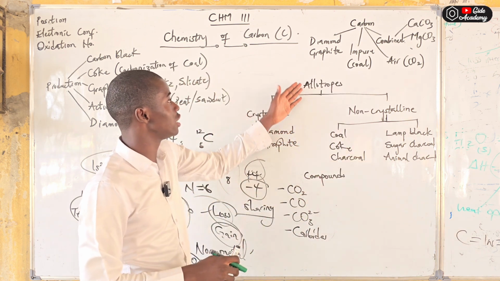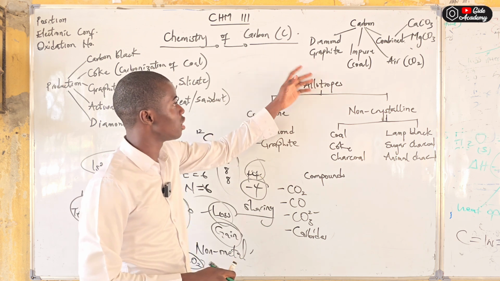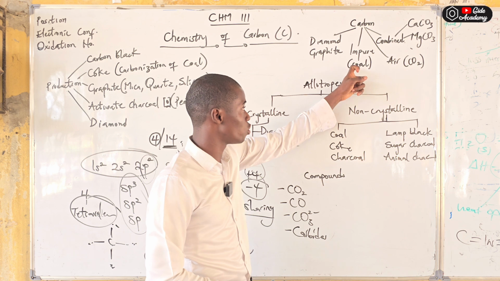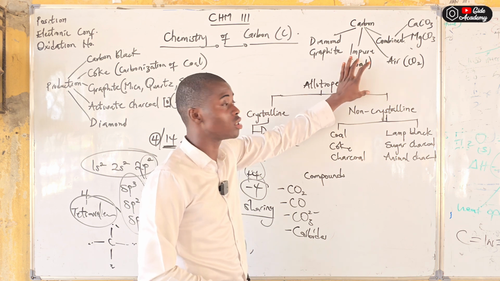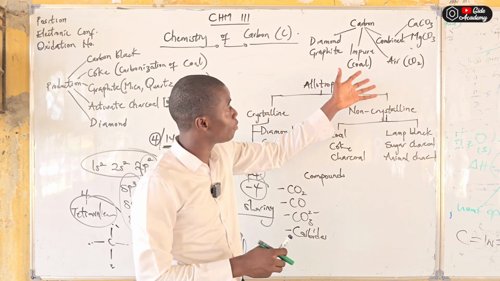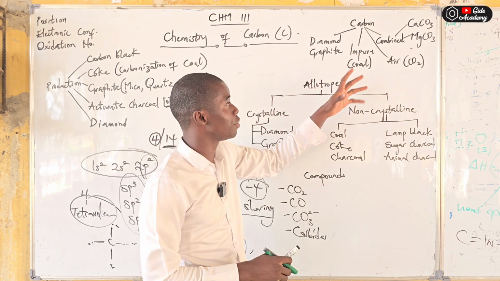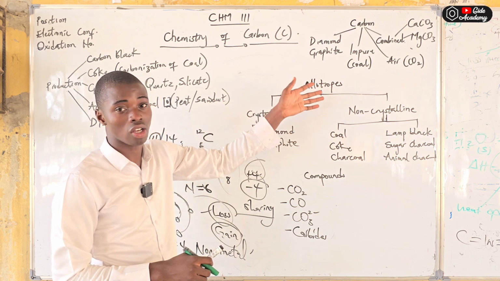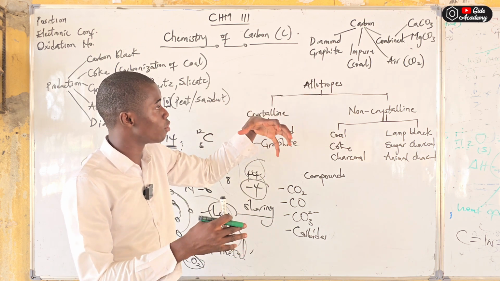So let's quickly go through the occurrence of carbon. Carbon exists naturally as diamond and graphite. We have an impure form of carbon as coal, please take note. As a combined form we have carbonates, which can be limestone, calcium carbonate, or magnesium carbonate. Those are the combined forms of carbon.